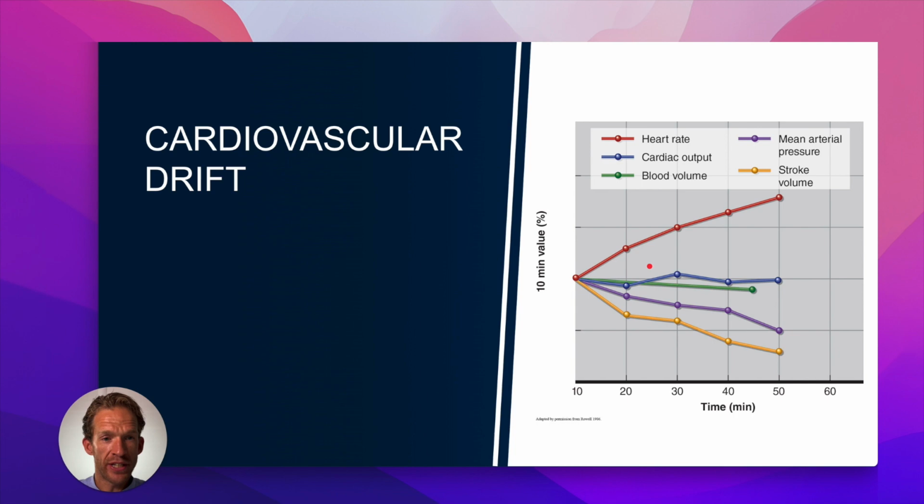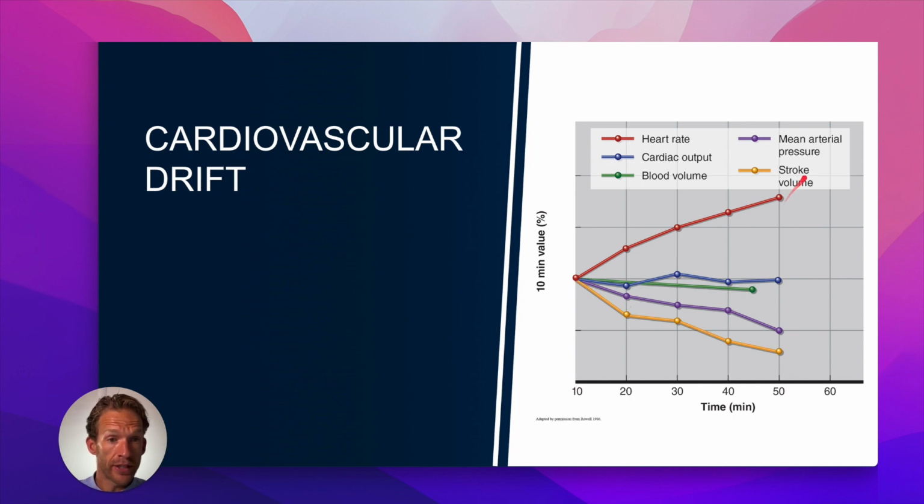In this graph, you can see graphically an extreme example of this situation where you lose blood volume. So in green, you see that there's a small reduction in blood volume, and that is then compensated, for example, by an increase in heart rate to compensate for the reduction in stroke volume.